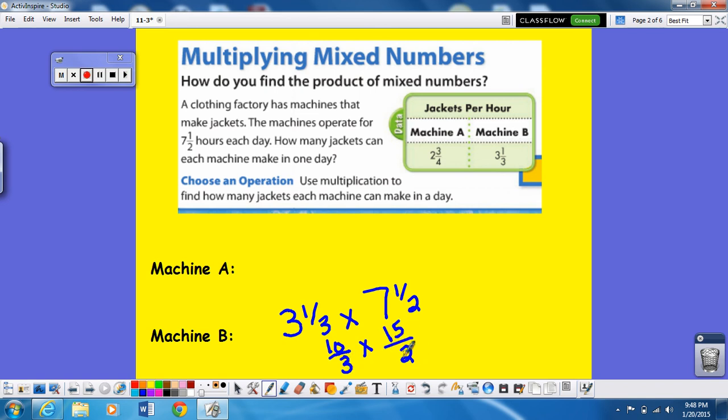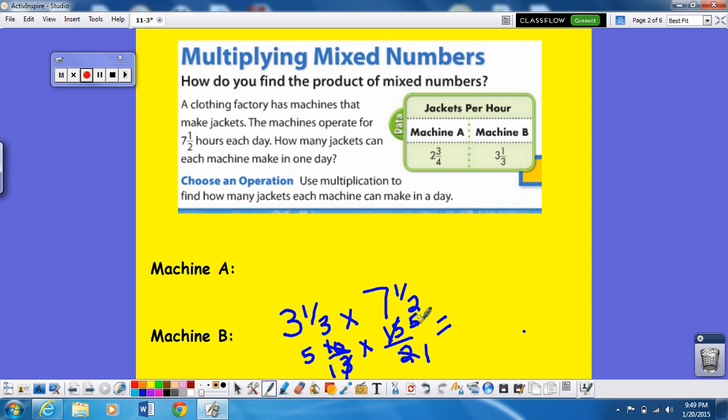Now, if you look at this, both of these can reduce. So this is going to be a really easy one. 3 and 15. 3 goes into both of those. 3 goes into 3 once. 15 divided by 3 is 5. Look at 10 and 2. 2 goes into 2 and 10. 2 divided by 2 is 1. 10 divided by 2 is 5. So now let's multiply.